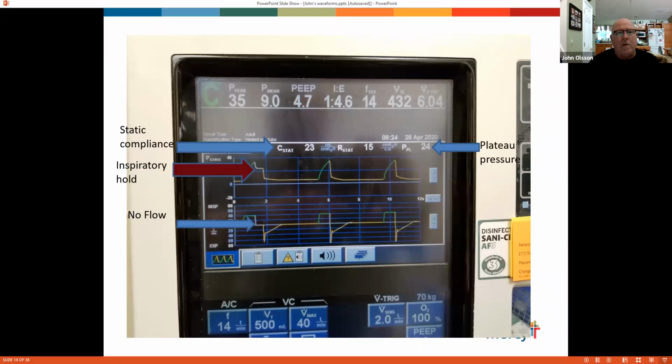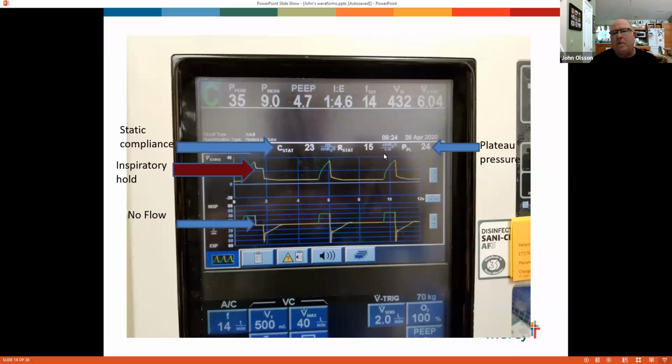There's not one you're going to see that can't do this. So I do my inspiratory hold, and you can see down here in the flow pattern, there's no flow here. Then I can get my static compliance and my plateau pressure up here on top. And since I'm in the square wave, I can also get airway resistance.